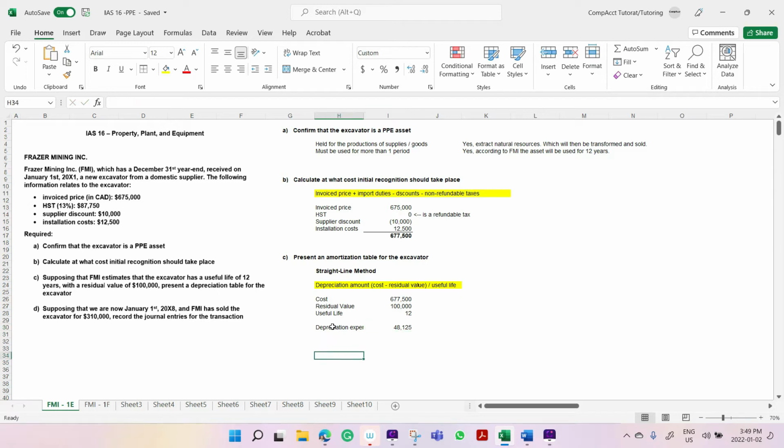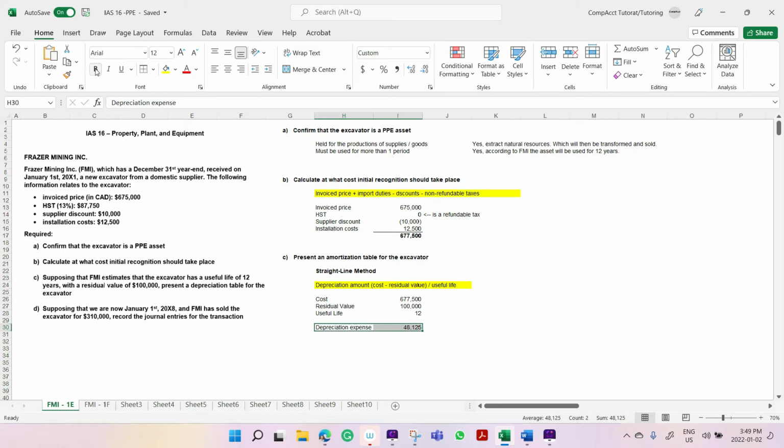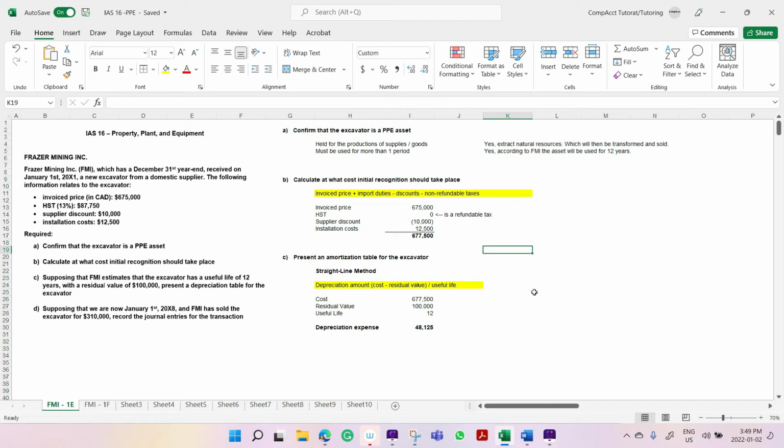Our depreciation expense here is 48,125, and with the straight line method this amount is the same for every year. It doesn't change. So we know that for the next 12 years our depreciation expense for the excavator is going to be just over $48,000.